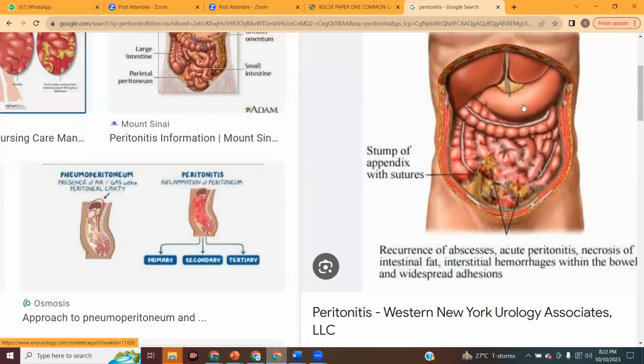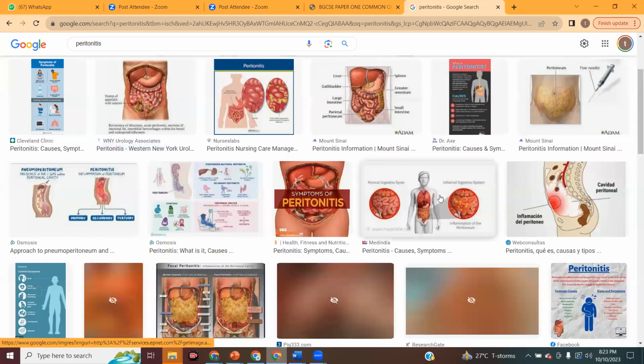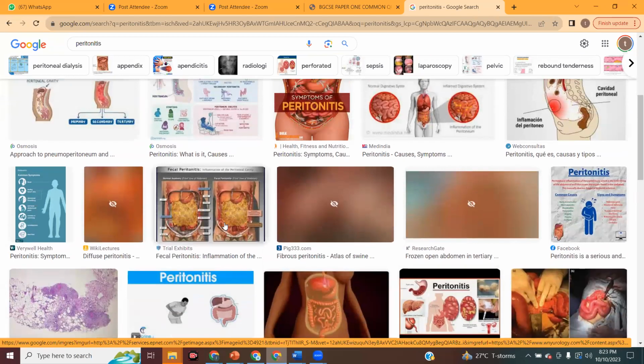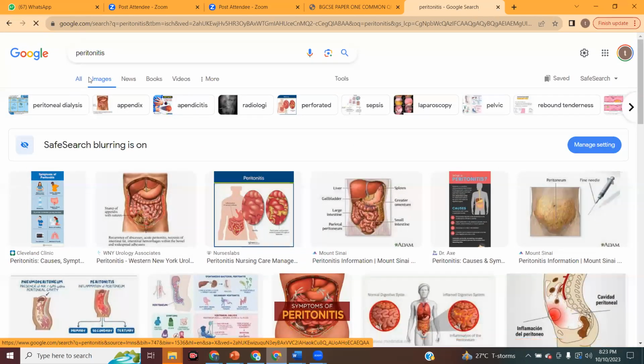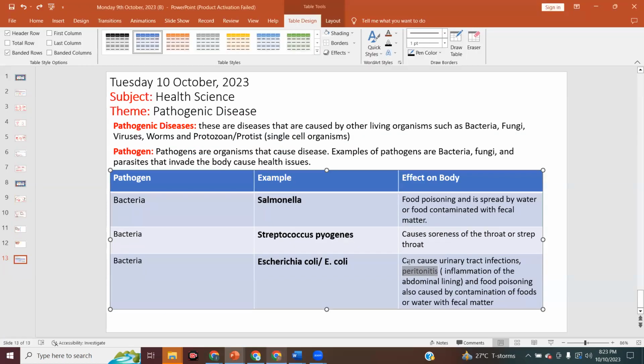That's when your abdominal lining is inflamed. It's a swelling or redness, inflammation of the lining of your belly or abdomen. So your belly or abdomen is inflamed. That's not good. That's what E. coli can cause.